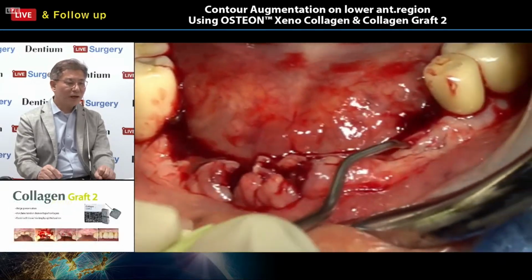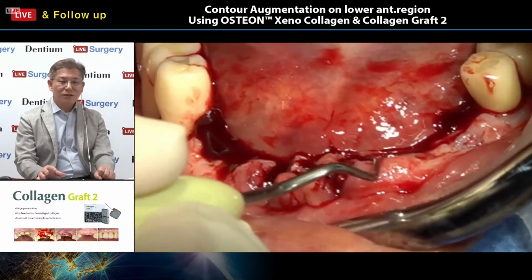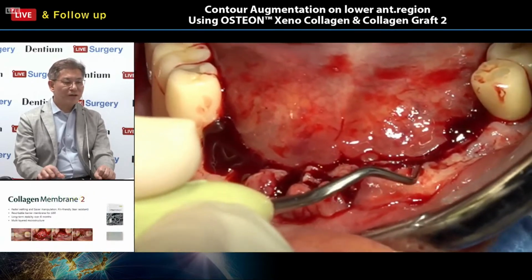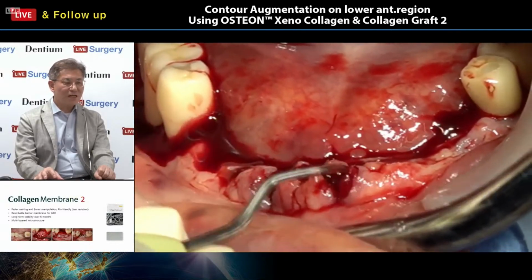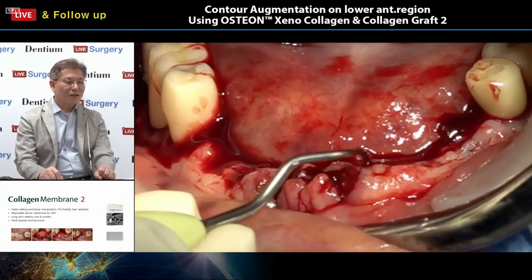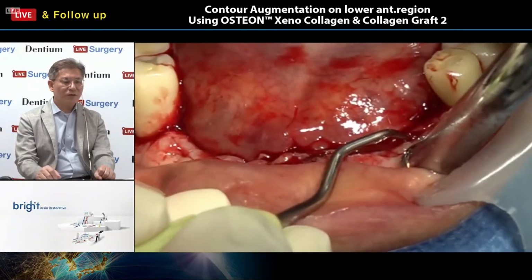Okay, he just surveyed this area, the granulation tissues, some depressions, and the defect sizes and defect depths. And he is navigating using this periodontal curette.